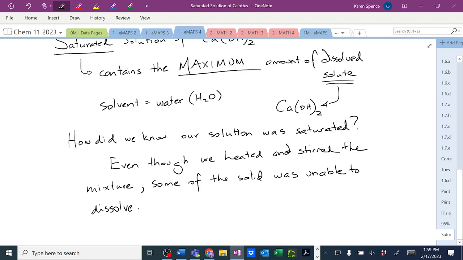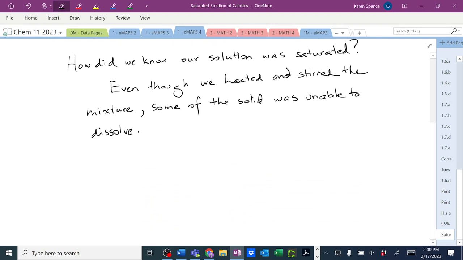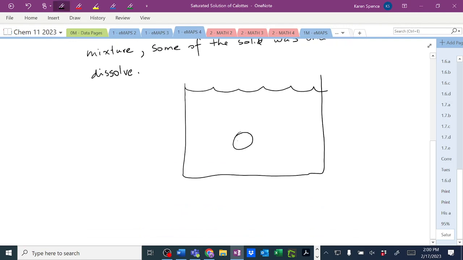So in our saturated solution, we're going to draw a beaker. And today we're not going to draw little mini crystal lattices. Today we are just going to draw one big crystal lattice to simplify things, okay? Because if we do a whole bunch of little ones, it just gets really messy.